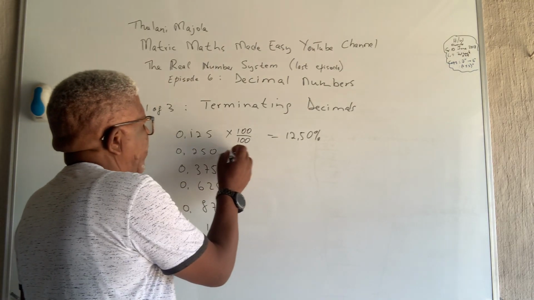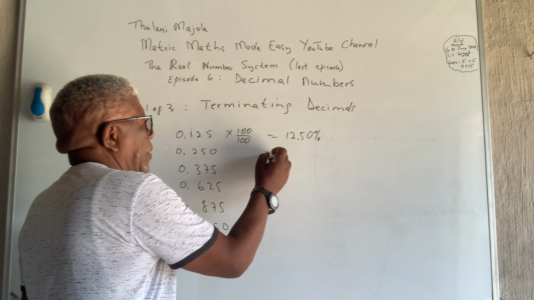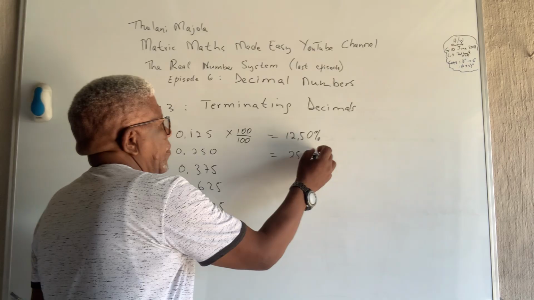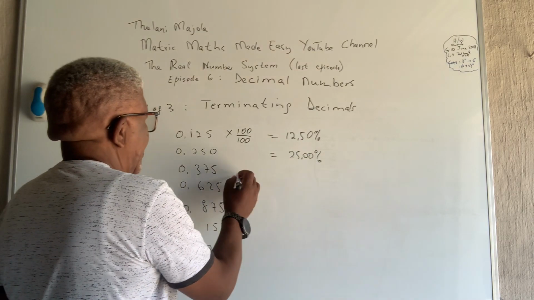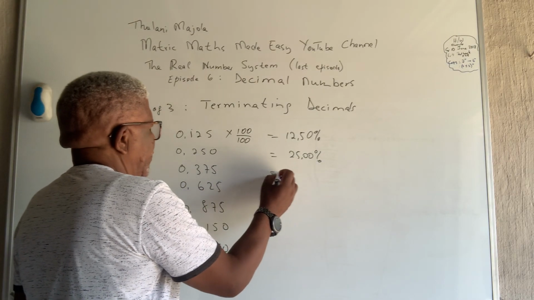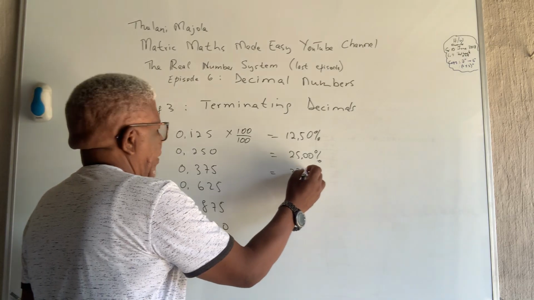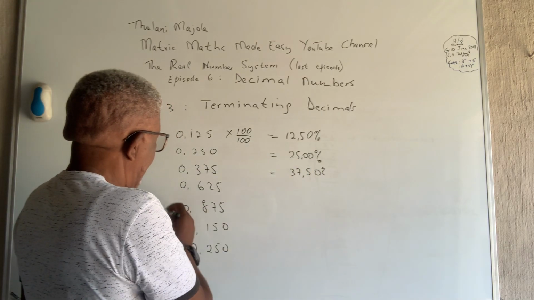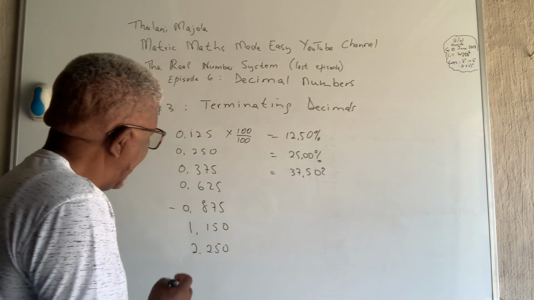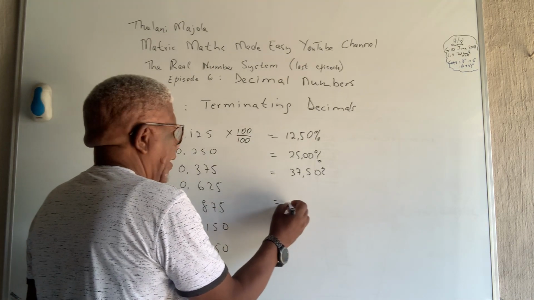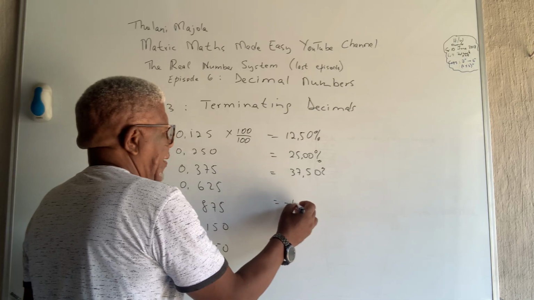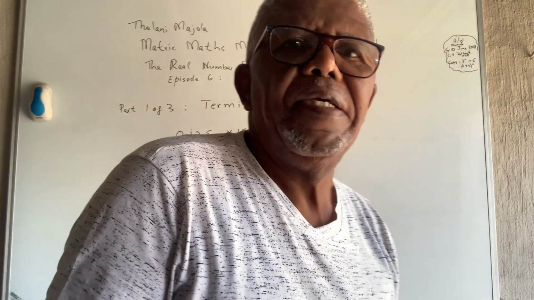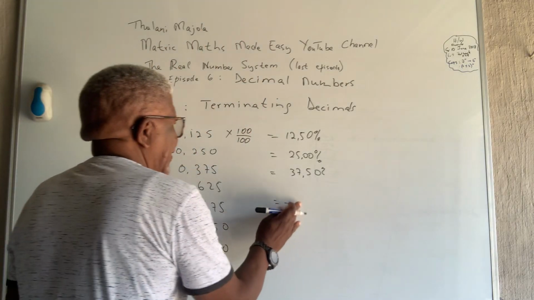Similarly here, if you multiply by 100 over 100, you will get 25.00%, and here too, this will be 37.50%. Even the negative, you can have a negative, but this is high level when you talk about finance, money, and everything like that.